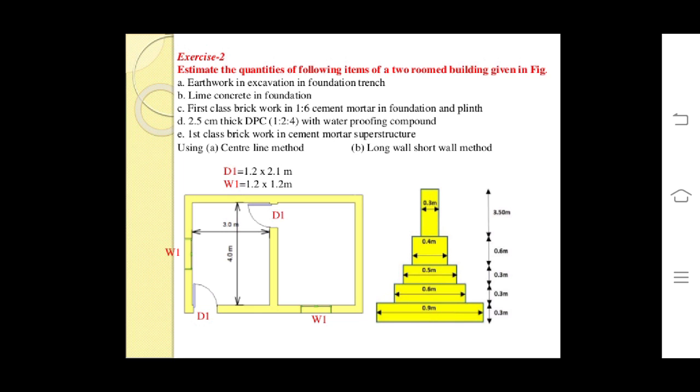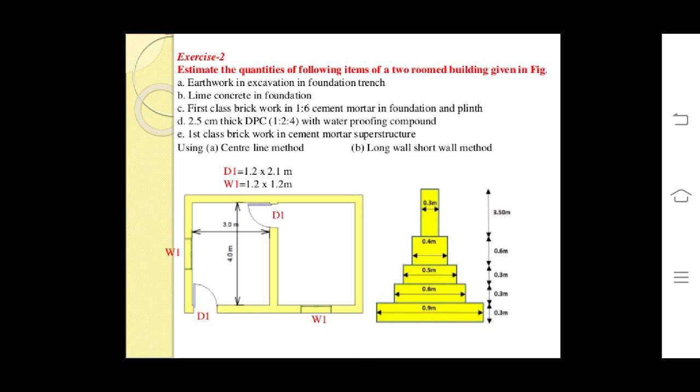Earthwork in excavation in foundation trench, lime concrete in foundation, first class brickwork in 1:6 cement mortar in foundation and plinth, 2.5 cm thick DPC in proportion 1:2:4 with waterproofing compound. First class brickwork in cement mortar for superstructure using centerline method and long wall short wall method.